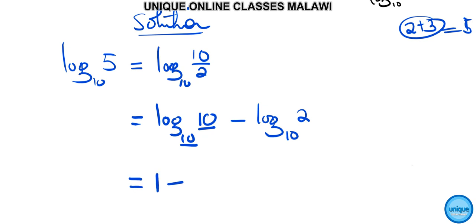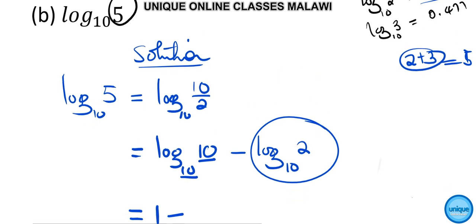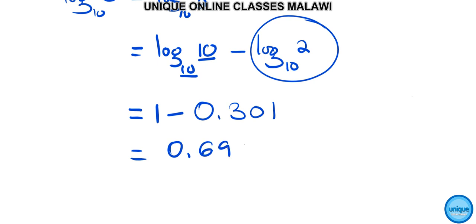So here we have minus log of 2, which according to our question is 0.301. So here we're going to subtract 0.301. 1 minus 0.301, the answer is 0.699.